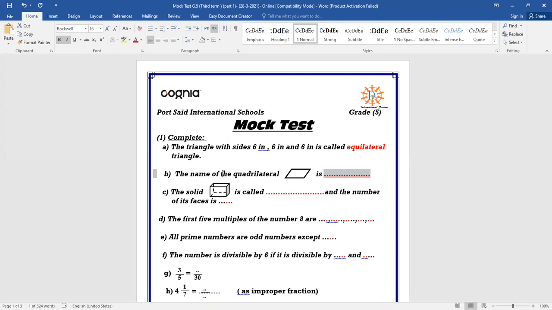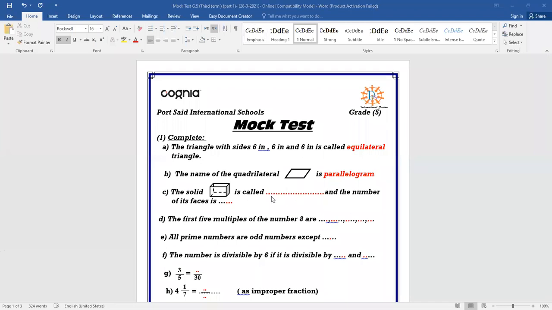What is the name of this quadrilateral? This quadrilateral is called. Parallelogram. Thank you. Okay.